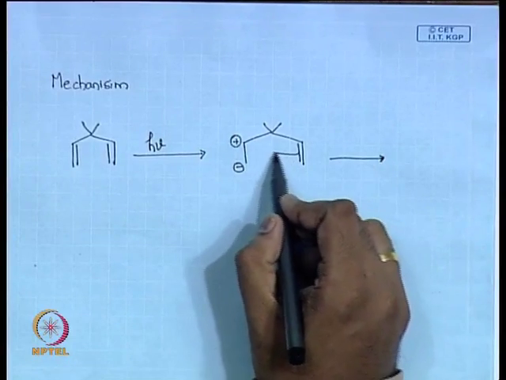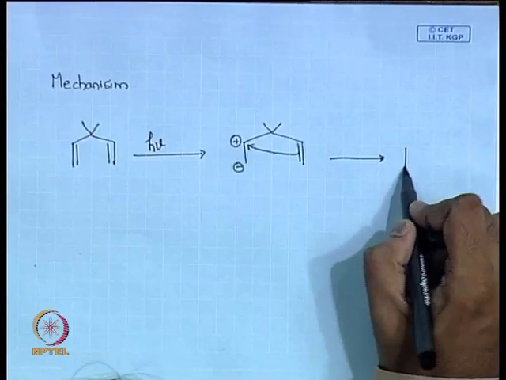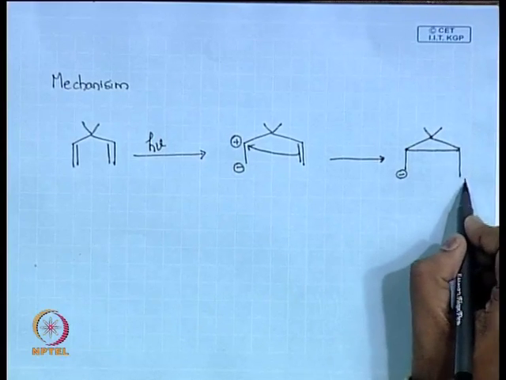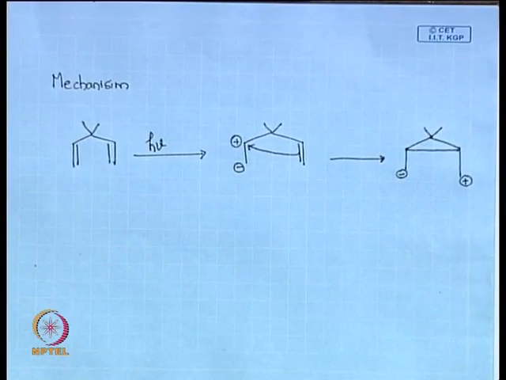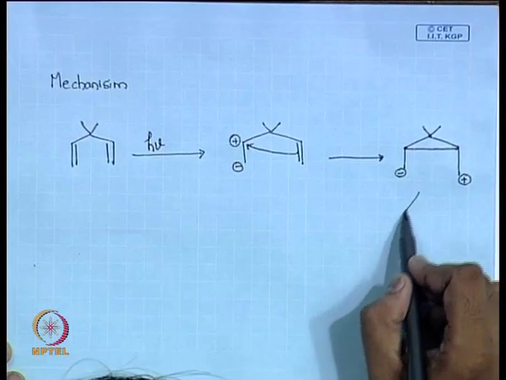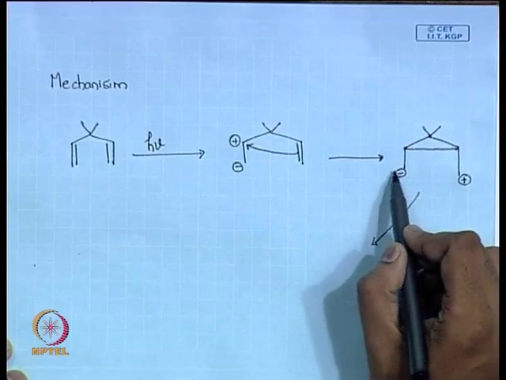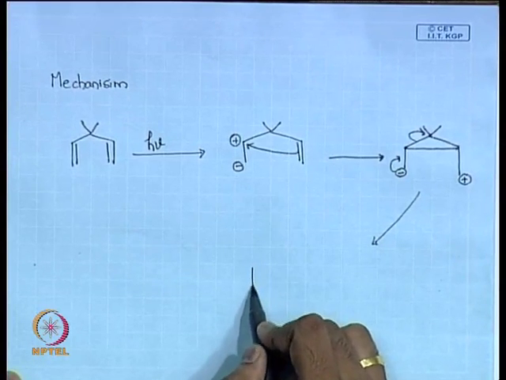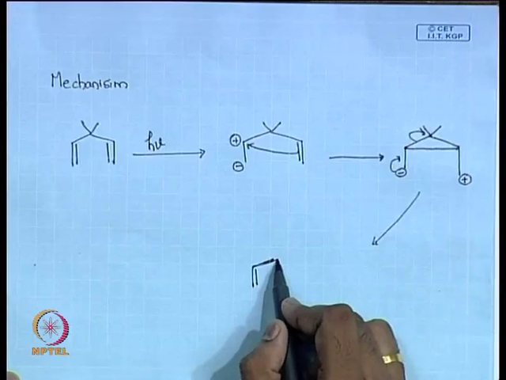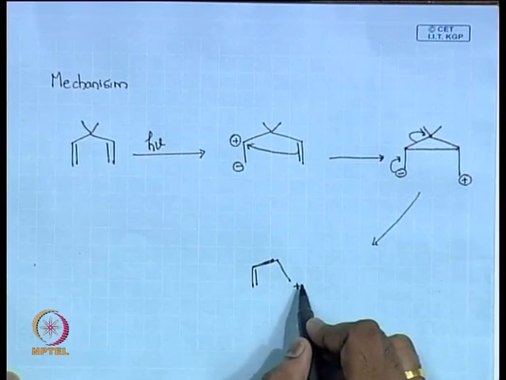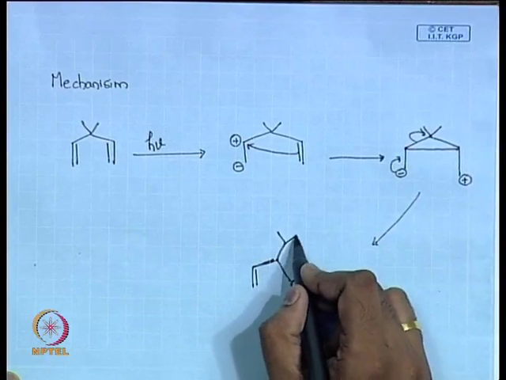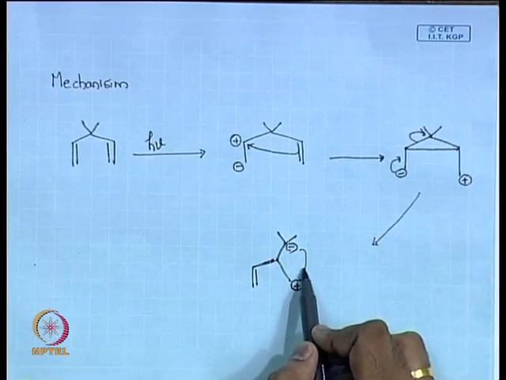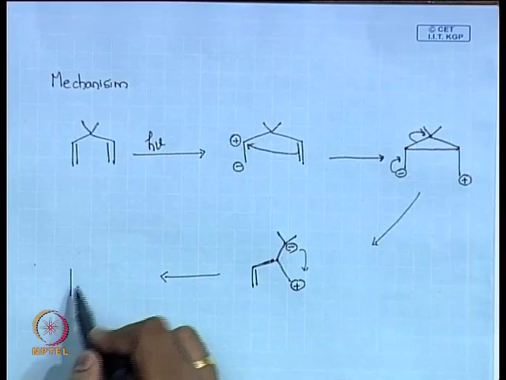Then I can push this across, get this one, then move this system like this, and then you can always have your cyclization.